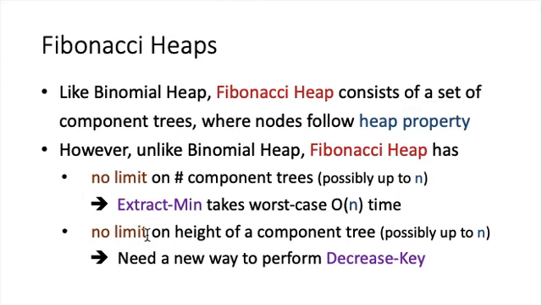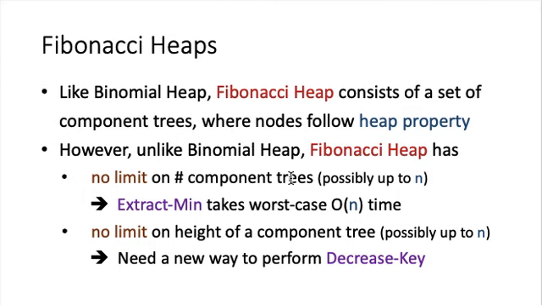Another bad thing about a Fibonacci heap is that for the component tree, the height is also not bounded. So we may have a tree that is very, very tall. So when we perform decrease key, we need to use another method.